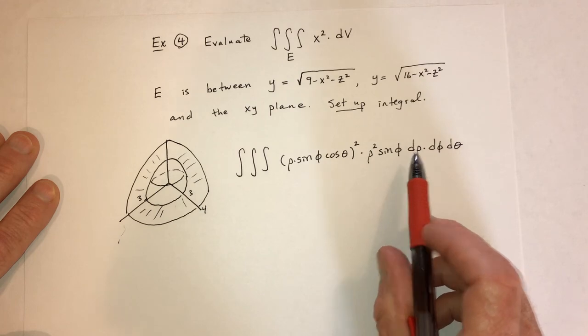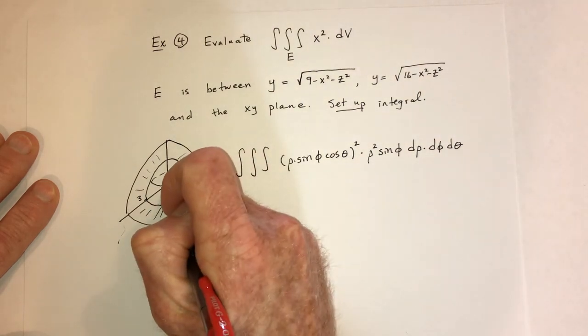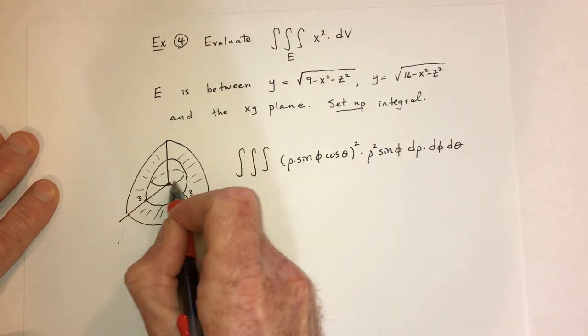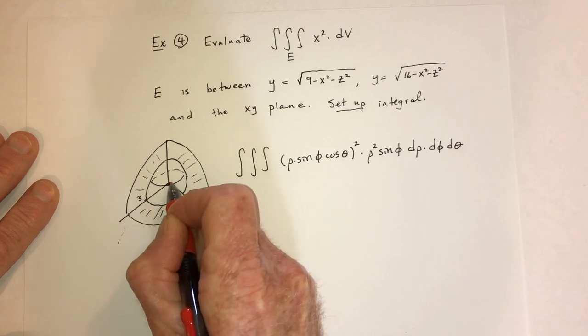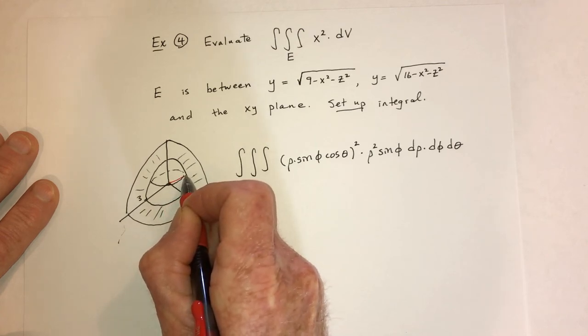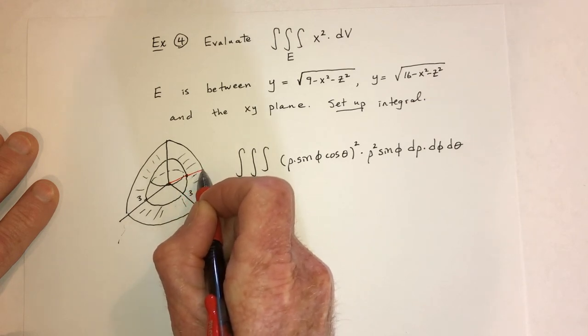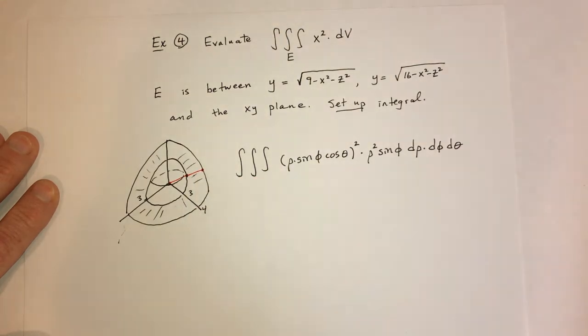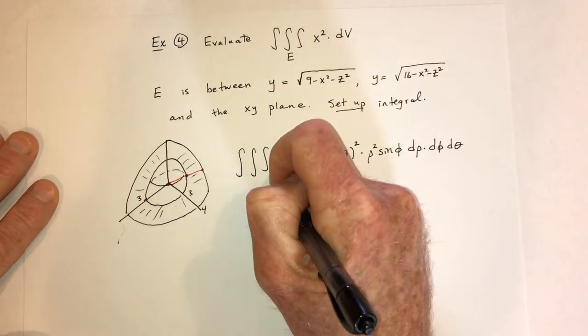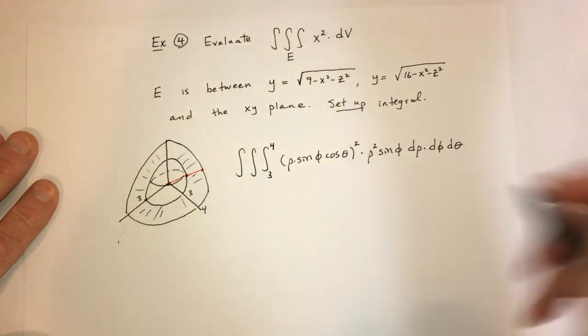So for the rho, that's measured from the origin, and then as you go out to get to this region, you would go out until you get to a distance of 3, and then it would start calculating the volume, and it would go from 3 until it gets to 4. So the rho is going to go from 3 to 4.